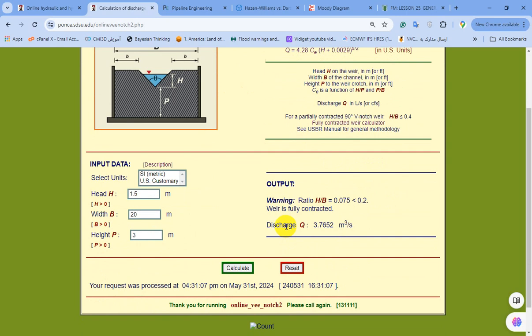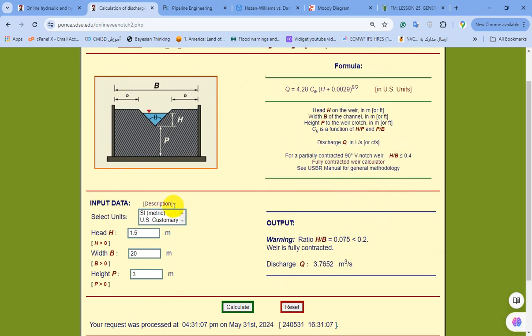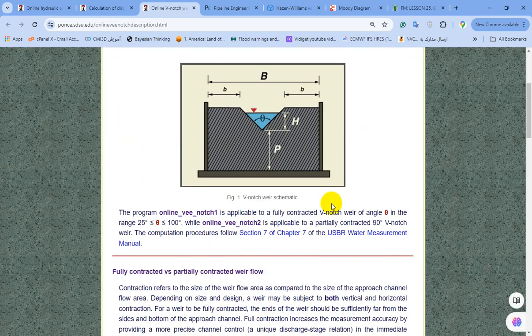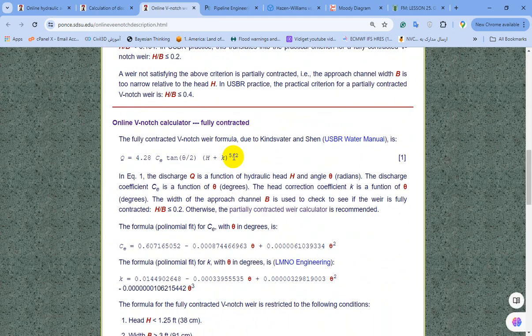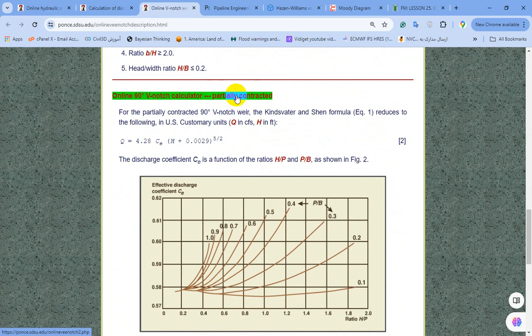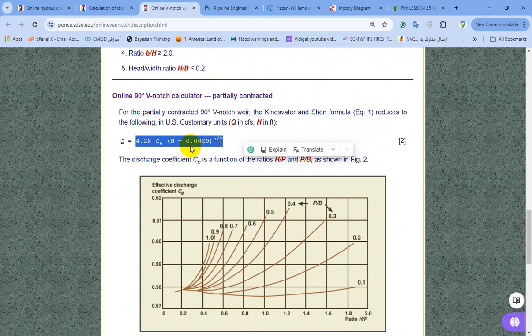And as you can see, the discharge value is calculated as this value. If you click on the description, you can find more information about the partially contracted weir, and the formula used for calculation of flow is presented here, and it depends on CE and the H value.